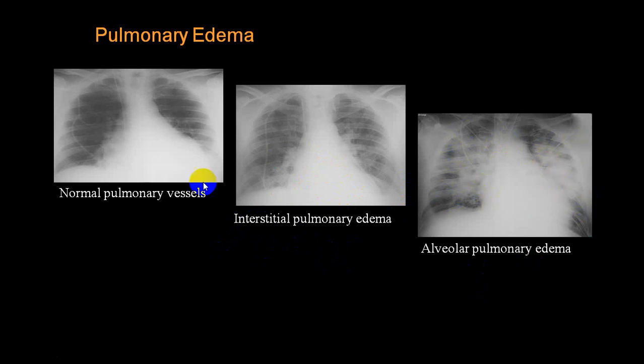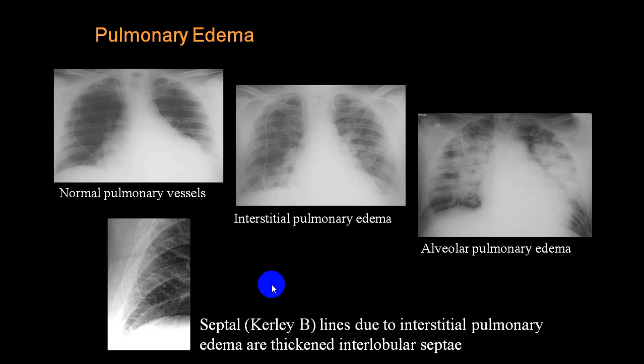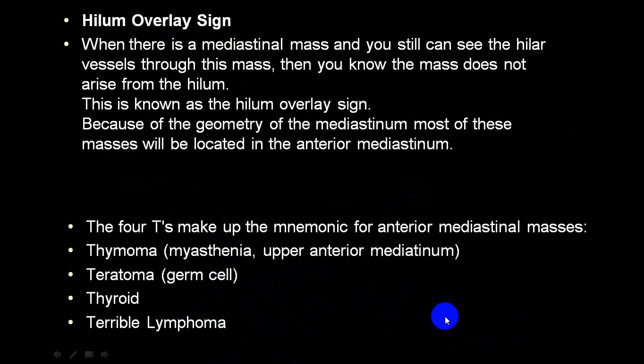Characteristic. This is cardiomegaly with little prominent vascular markings. And in this enlarged view, you will see little lines in the base. This is what we call curly B lines. This is because of interstitial pulmonary edema, and that is characteristic of congestive heart failure.